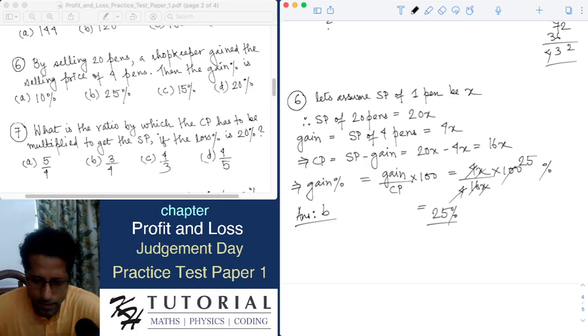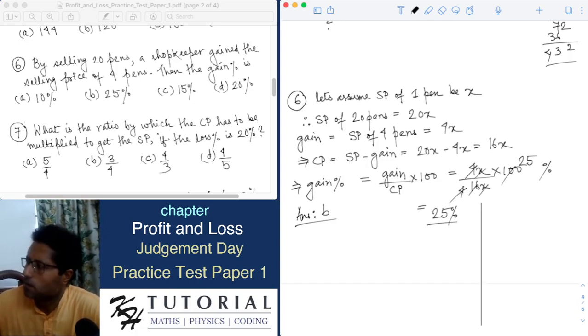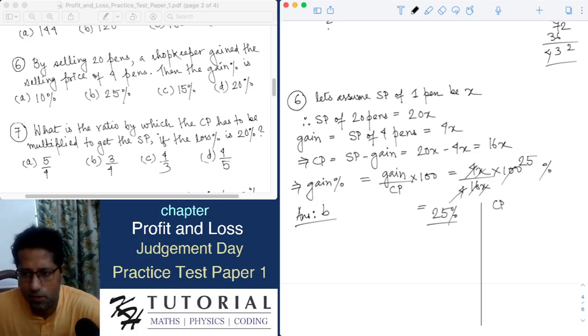One thing to note, if there is a gain, then the gain percent of, let's say, please note one thing: let's say the cost price of an article, of one commodity or one unit of any item, is equal to x.